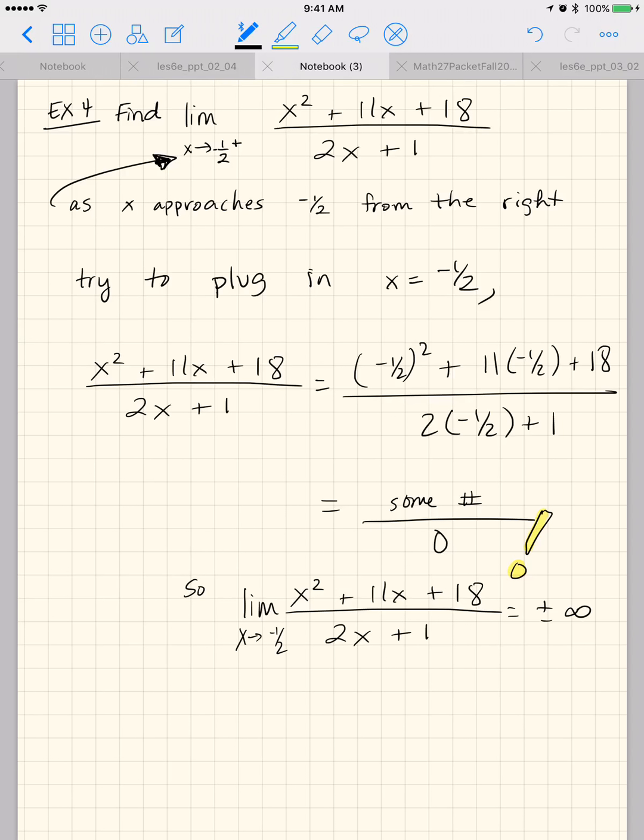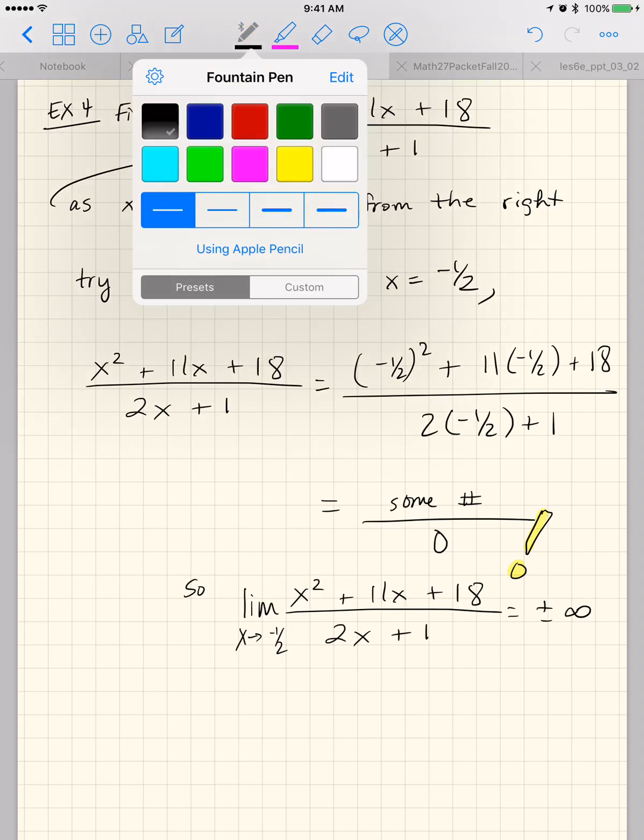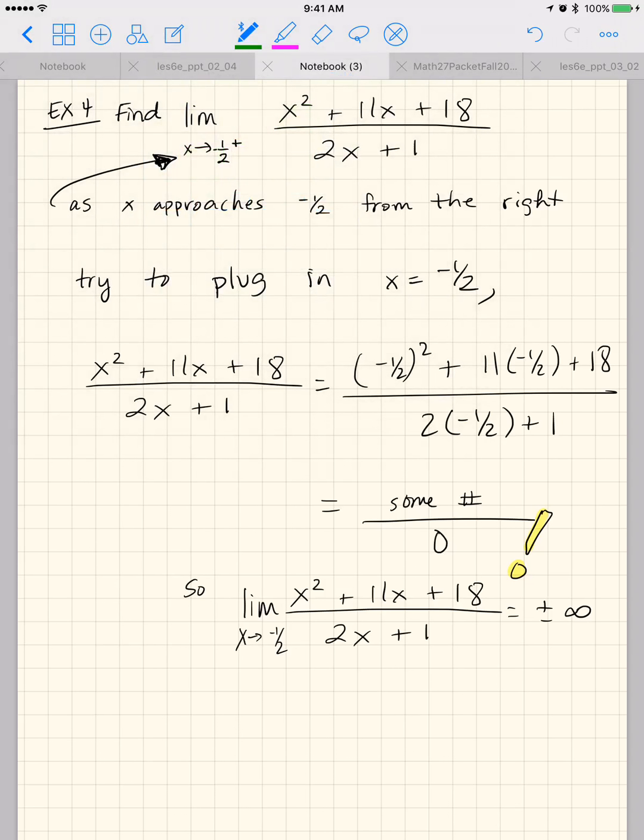Let me clarify what we're doing overall. The first step is to figure out that you have plus infinity or minus infinity.